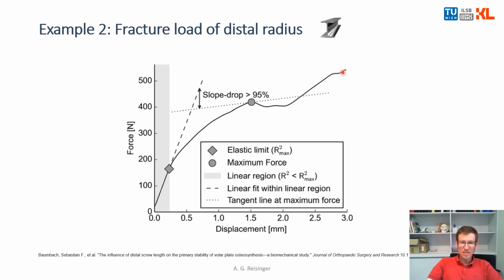This is, as said already, a compression test where you have to think a little bit more about your maximum load or your ultimate load or your failure load, because imagine you compressing this. The implant is already failing, but these two pieces come into contact and you can increase the force even more. Although everything is damaged already, everything has already failed, you can increase the load more, and this is what is happening here at the end.